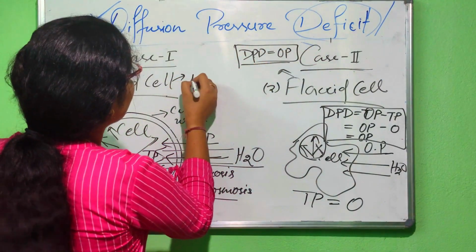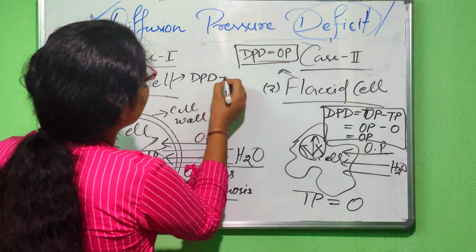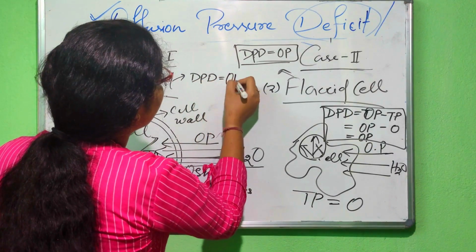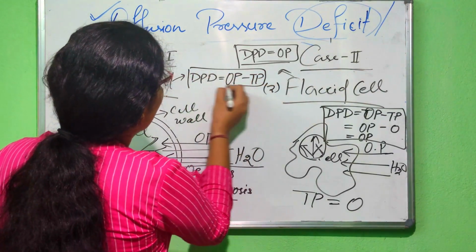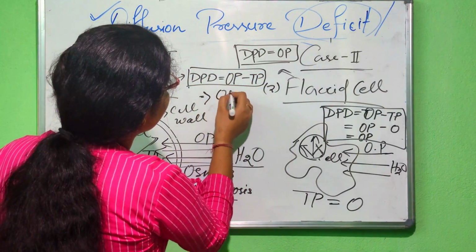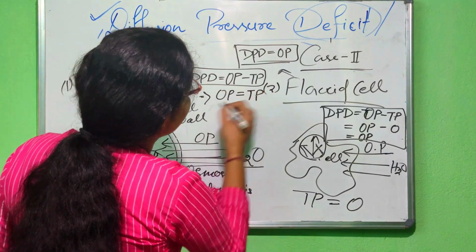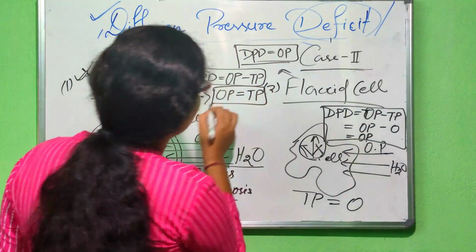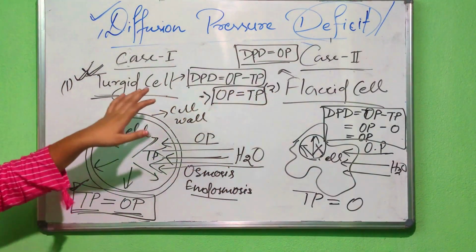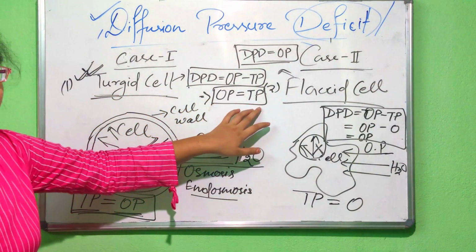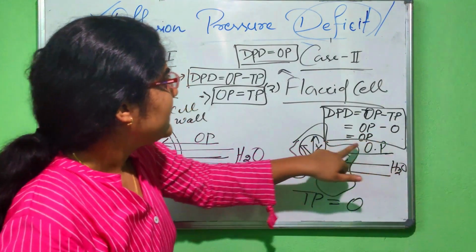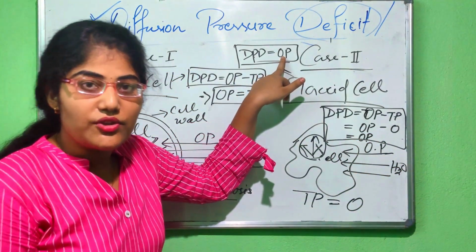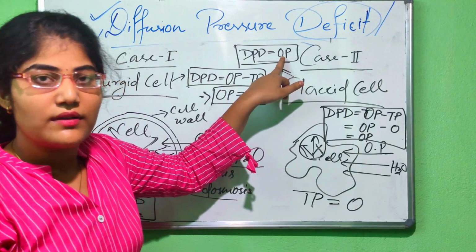And in the turgid cell, DPD is equal to OP minus TP, and OP is always equal to TP. This is the point. In case 1, in the turgid cell, OP is equal to TP. In the flaccid cell, TP is always 0, then DPD is equal to the osmotic pressure or OP.